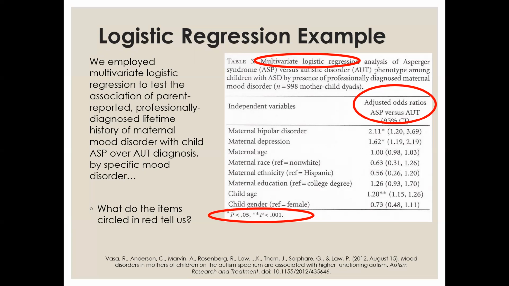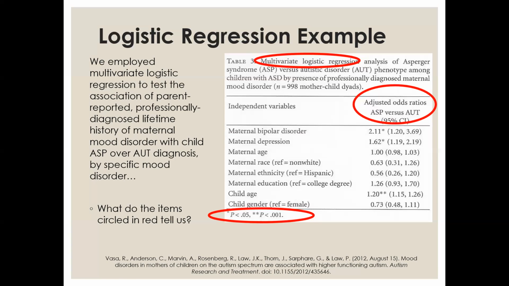The researcher said, we've employed multivariate logistic regression to test the association of a parent-reported professionally diagnosed lifetime history of maternal mood disorder with a child with autism spectrum disorder over another diagnosis, over, I guess, an autism diagnosis by specific mood disorder.